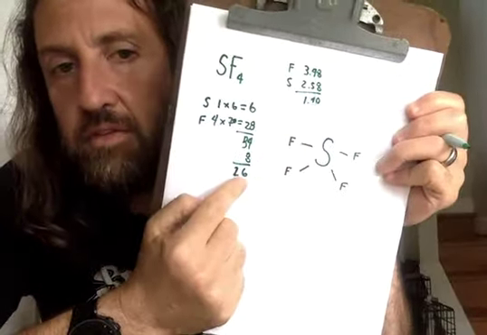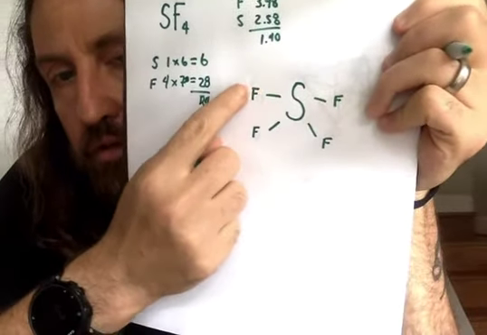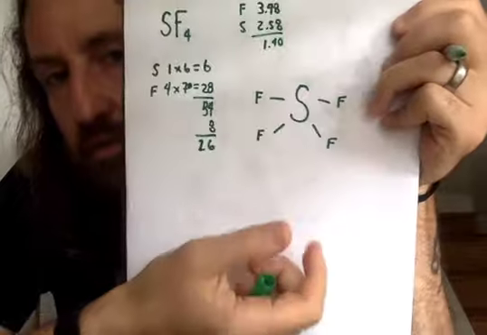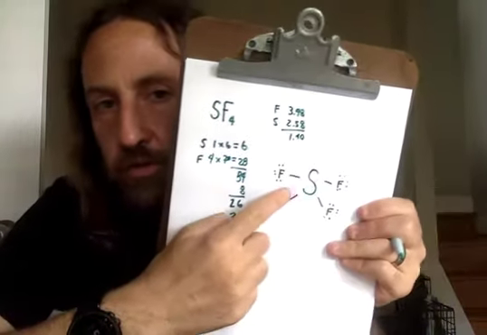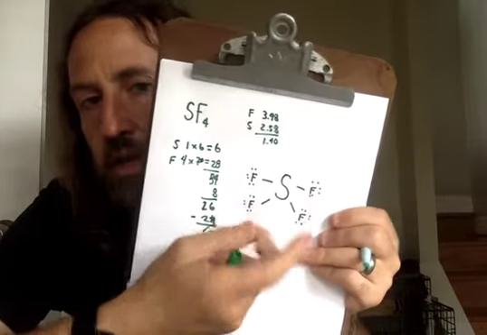If I give each fluorine what they need, that's 6 times 4, which is 24. So let's do that. 1, 2, 3, 4, 5, 6. And that leaves me 2 electrons.